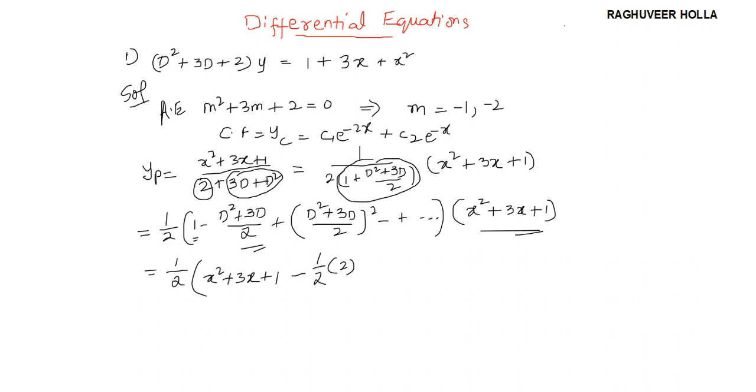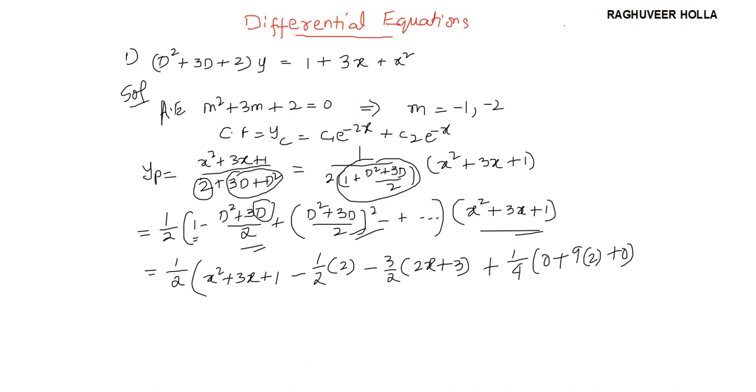The next term would be -3 by 2, because this will be D, so differentiation one time, I get 2x plus 3. And the last term, if I expand this whole thing, I get 1 by 4 times, because it is whole square, and the first term will be 0, and the next term, which is 9, 2 into 2 plus 0.